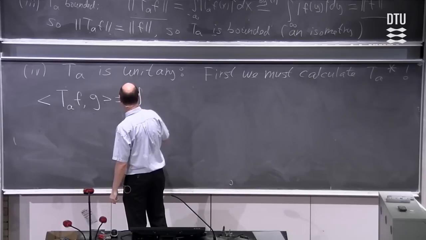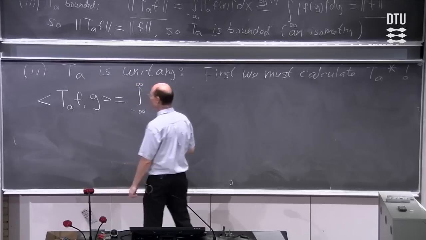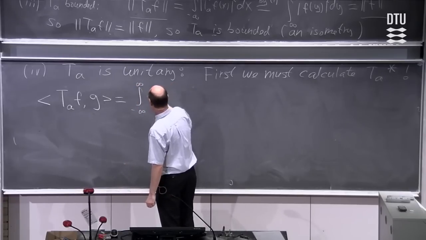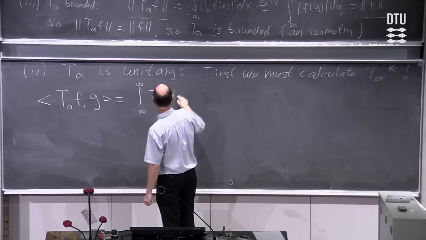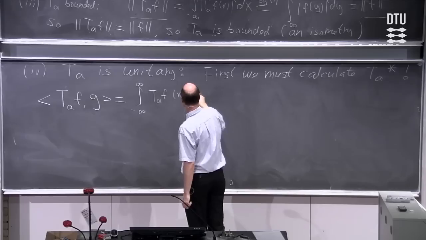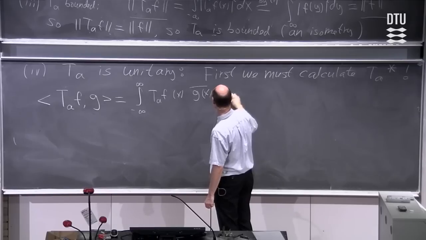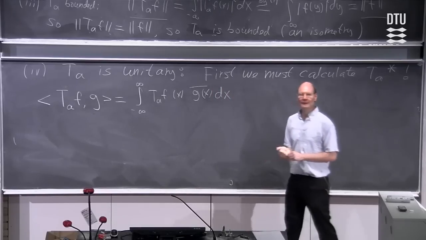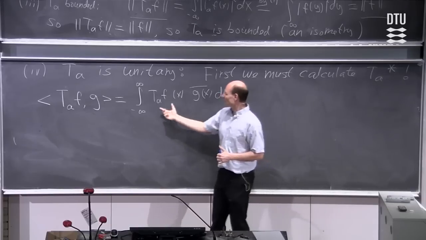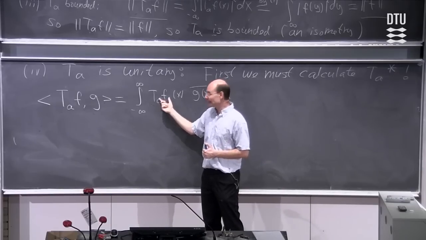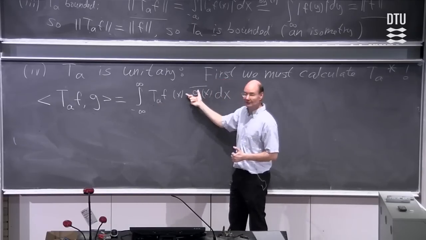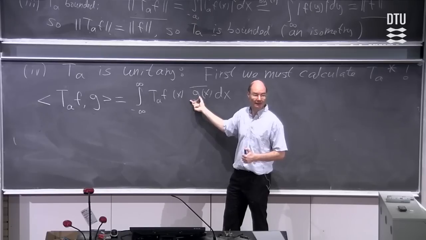This is the integral from minus infinity to infinity of TA f of x times the g of x complex conjugated dx. So we have to do some manipulations. This operator somehow disappears from the f and somehow appears on the g instead.